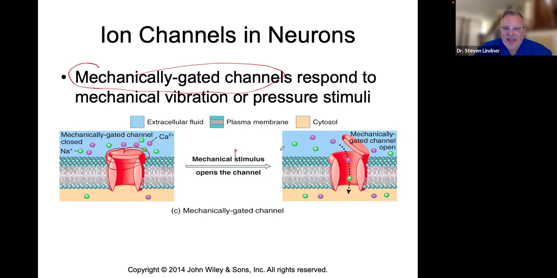Then there's some mechanical stimuli which opens up the gate, and now we start to get the entrance of certain ions that are passing through. Okay, the dark blue is typically outside of the cell, so this is extracellular. And whenever you see the tan, that's usually the cytosol, which is intracellular.